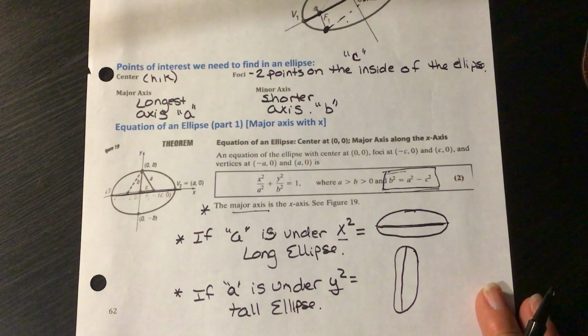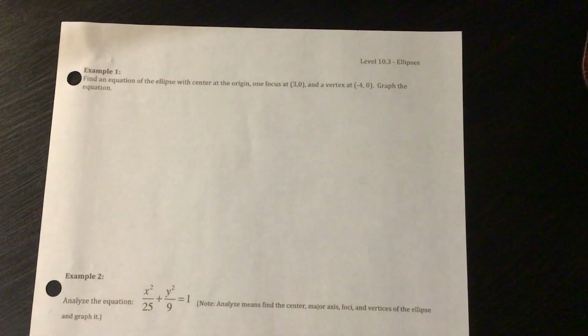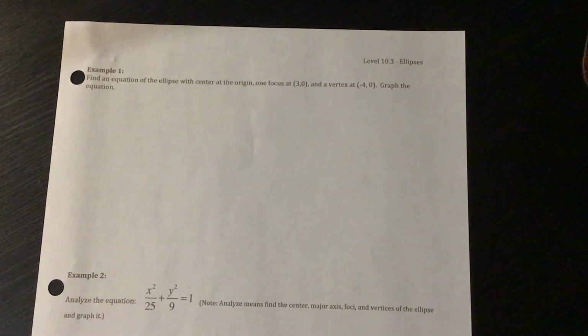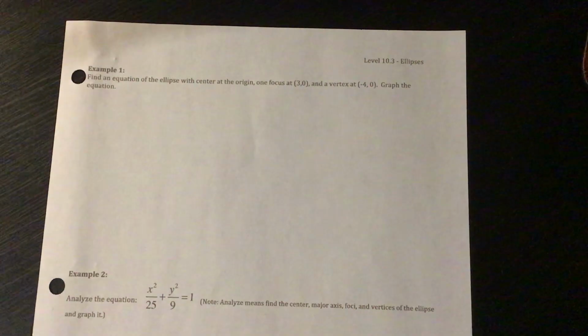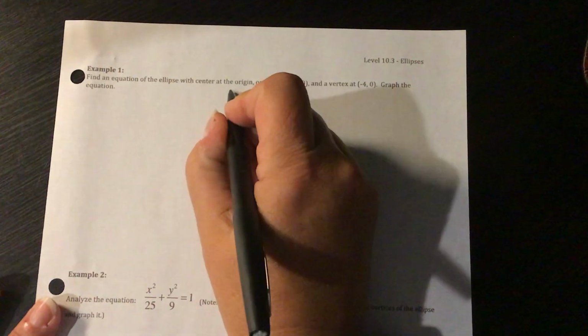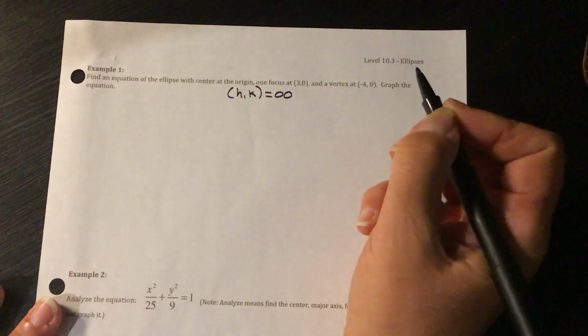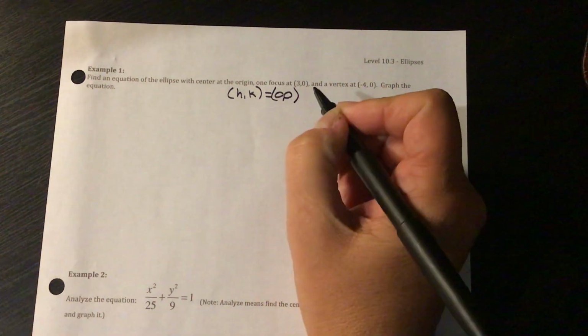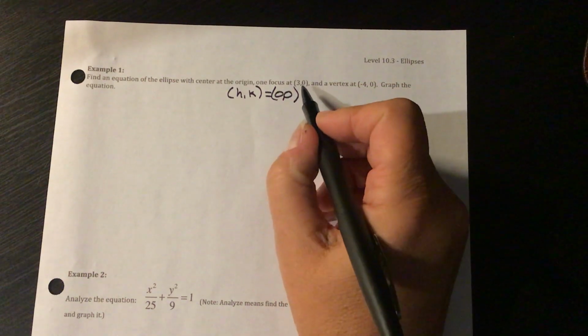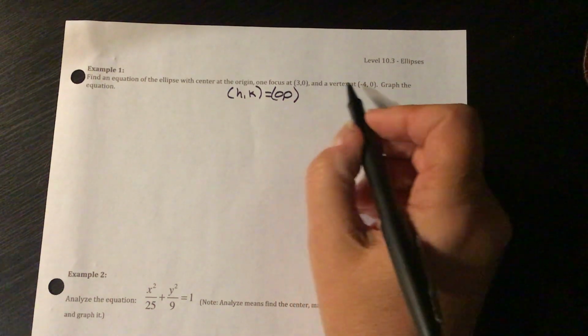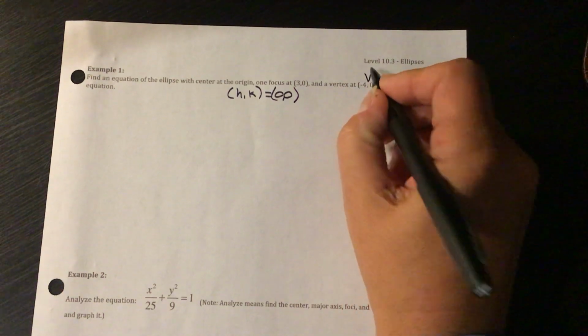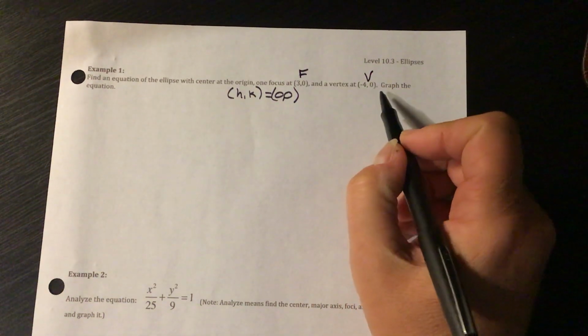So we're going to look at some examples and dive right into what these formulas mean. In example 1, it says to find an equation of an ellipse with the center at the origin. So this is our h and k value, which is 0, 0. And then we have one focus at 3, 0, and a vertex at -4, 0.